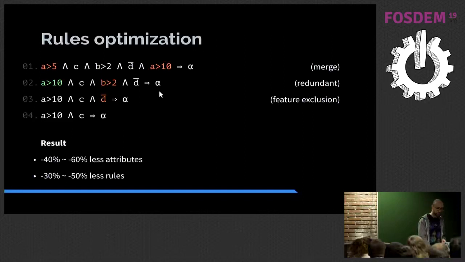The third optimization step is removing some attributes which are related to each other through feature logic. You have some features which are tightly coupled. For example, you can assert for a reserved keyword value that it's an equals, and you also can assert that it should not be a semicolon. Of course, if it's an equal sign, it cannot be a semicolon at the same time, so the second attribute is redundant and you can throw it away.